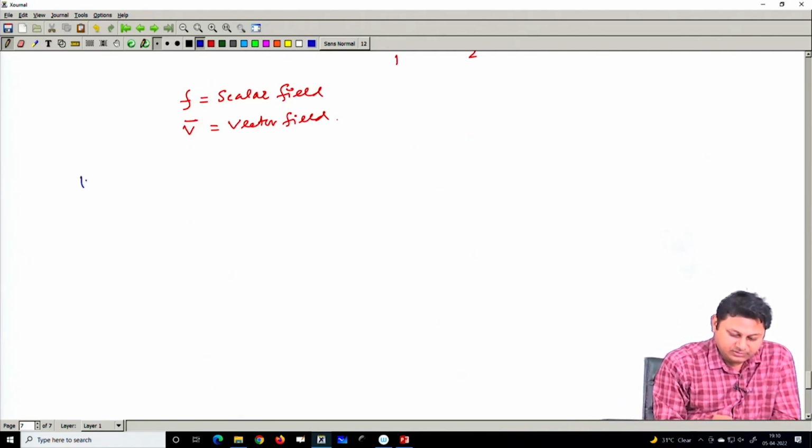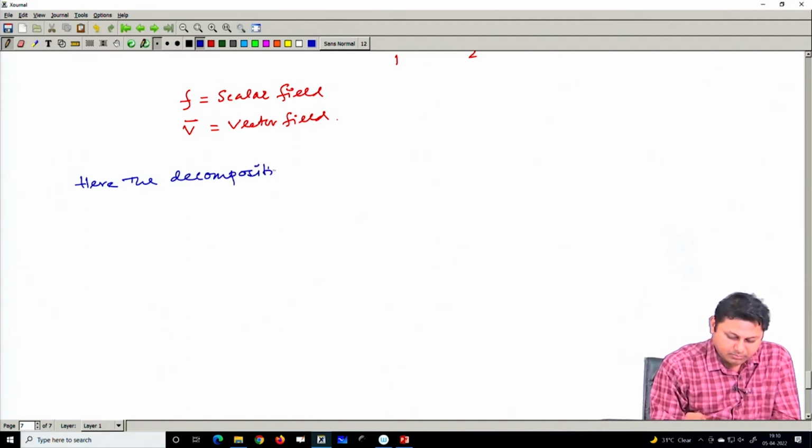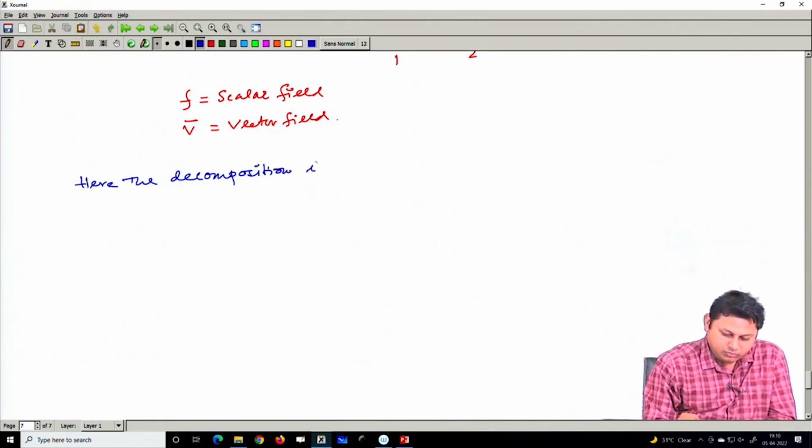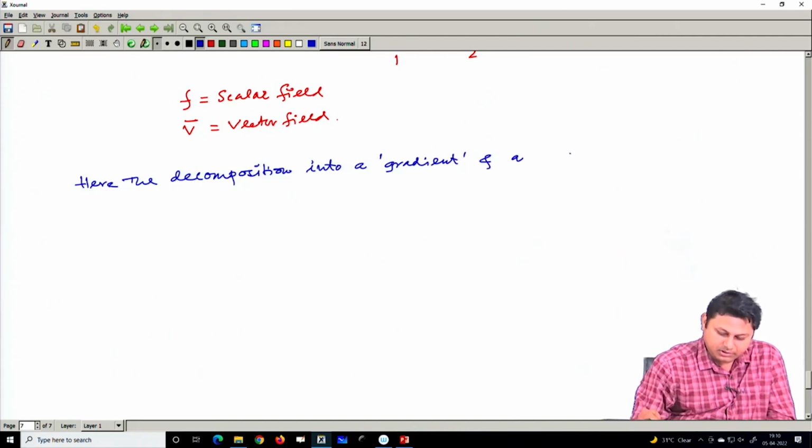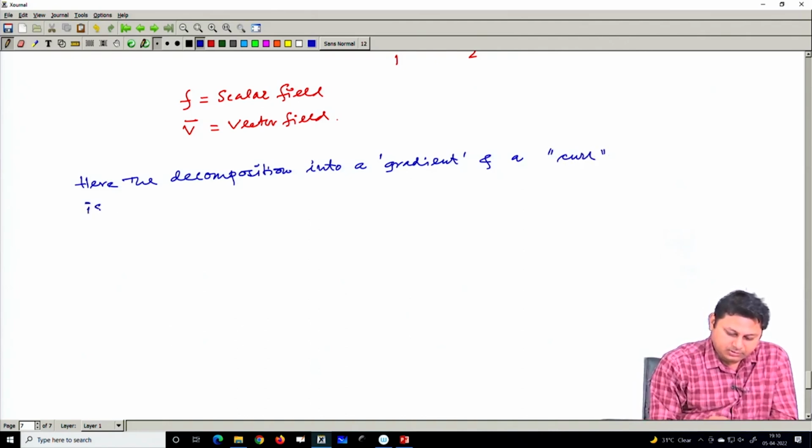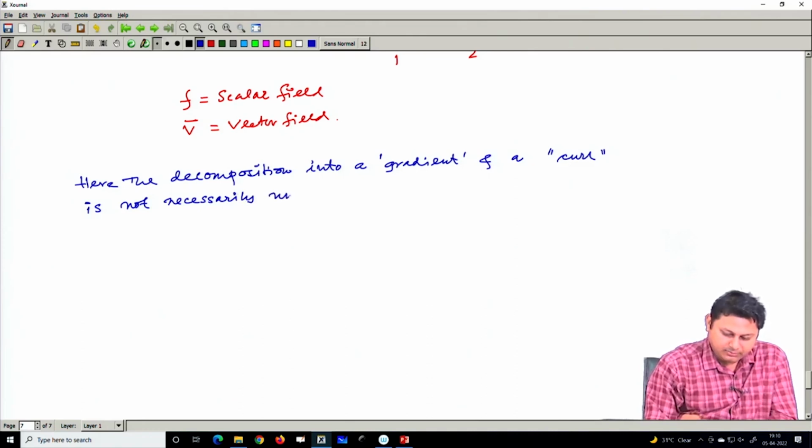Here the decomposition into a gradient and a curl is not necessarily unique.